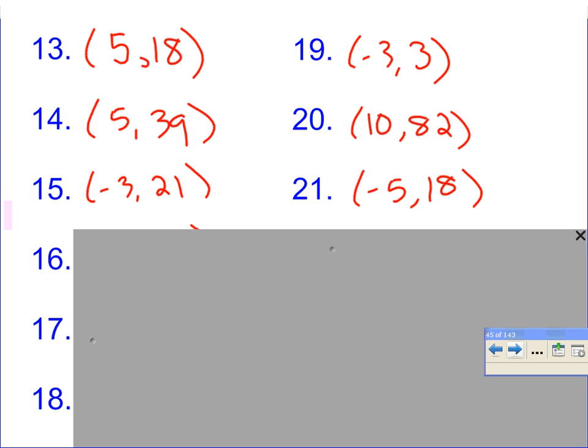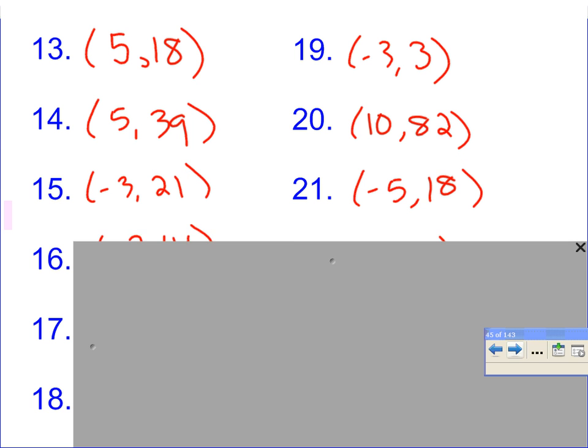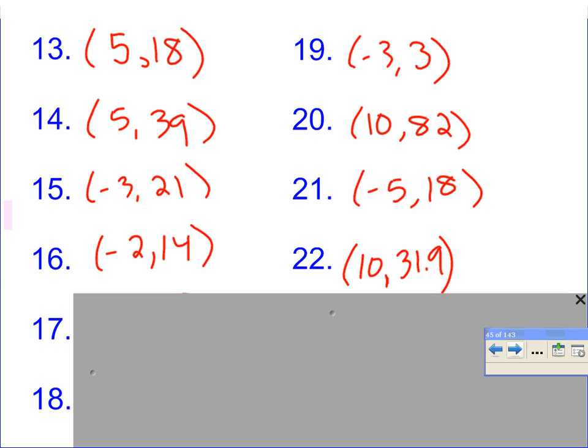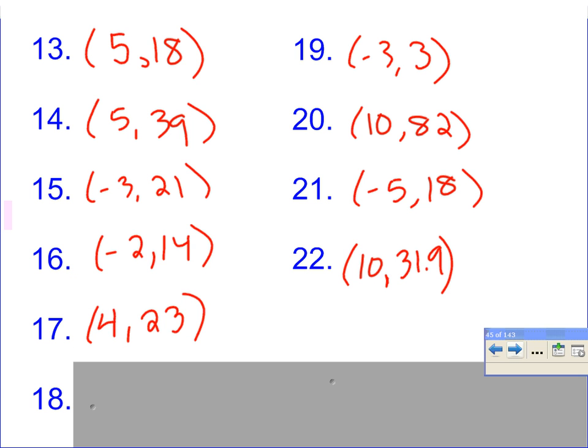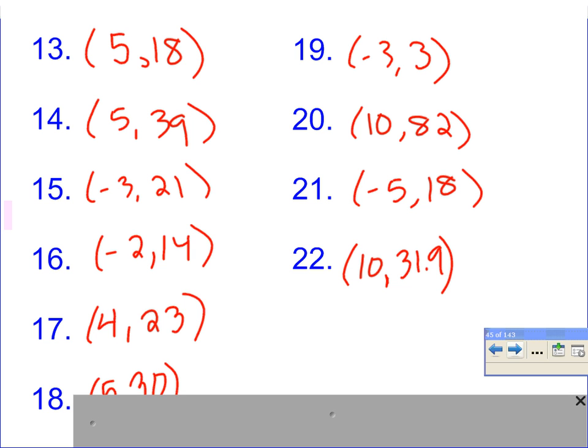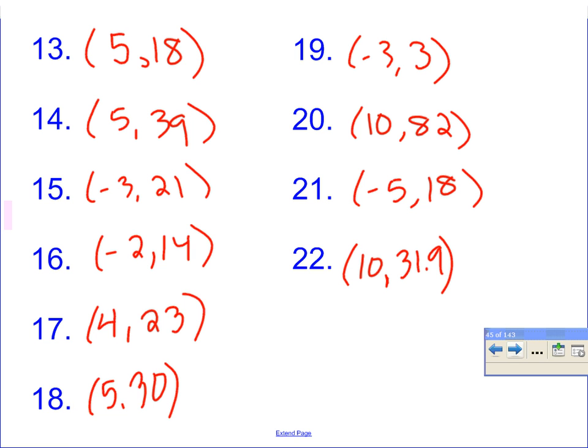Negative 214. Yes. 17, Kyle. Yes. And Nathan S, 18. Okay, Eric, 18. 5, 30. And 19 is negative 33, 20 is 1082, 21 is negative 518, and 22 is 1031.9.